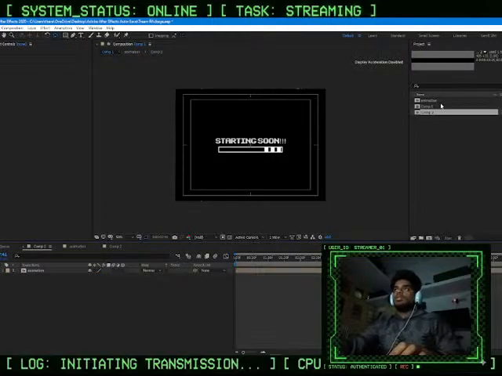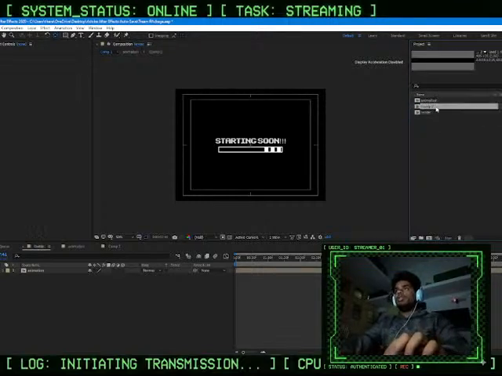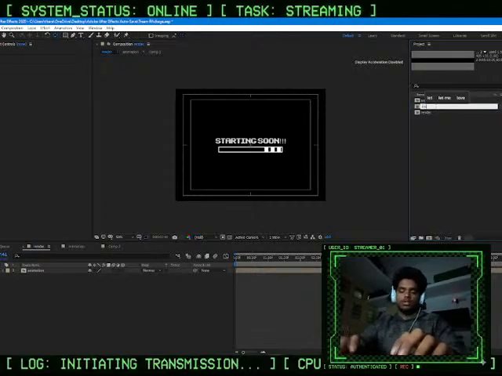What I'll do in comp one is I'll name it process limit index, and this one I'll name load component.